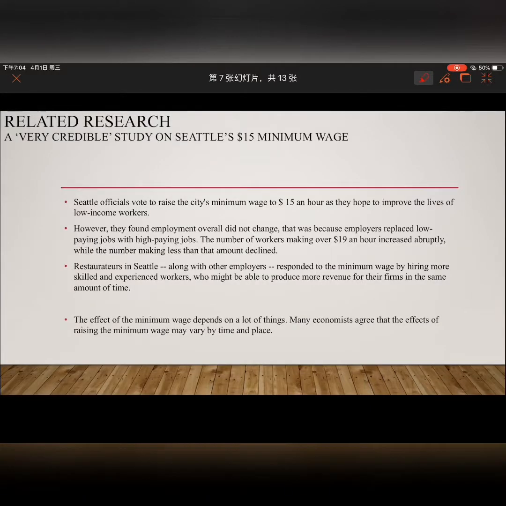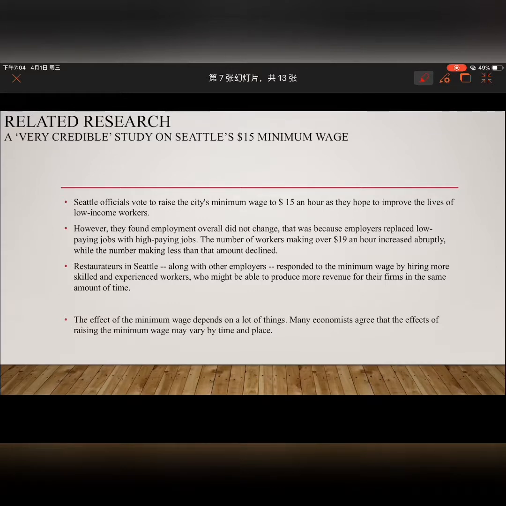This is a related research, which is Seattle's. The city increased the city's minimum wage to $15 per hour, which hoped to improve the lives of low-income workers. Normally, as we analyzed, the employment will reduce, but here they found employment overall did not change.